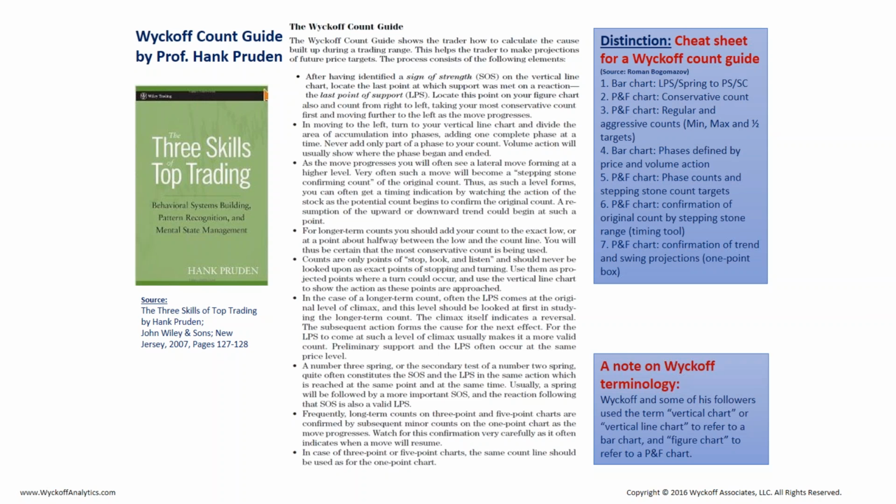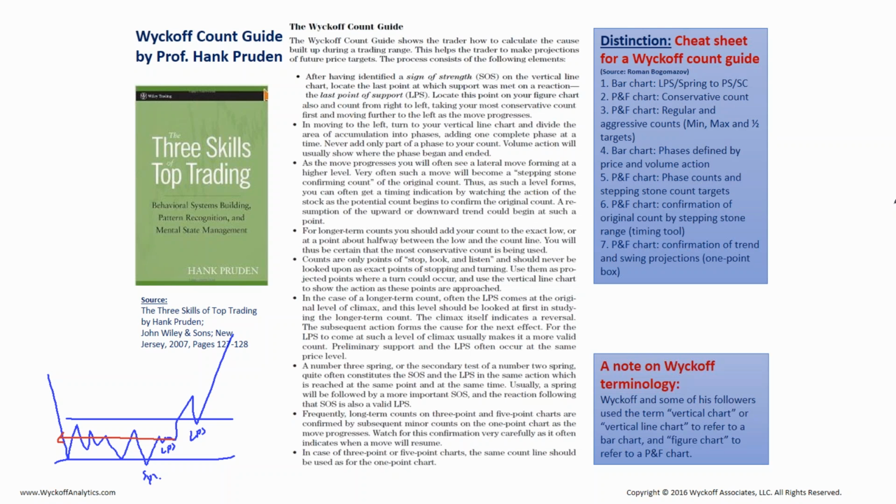On the right side of the chart, we look for what's called the last point of support, which is really like the last higher low made in phase C. It's a test that indicates that the stock is no longer pressing downward, is now starting to make higher lows and is starting to rally. So we find that place on the chart and we count from right to left.